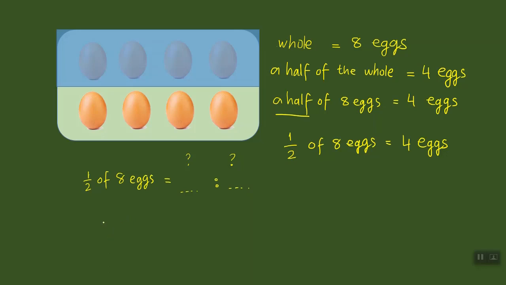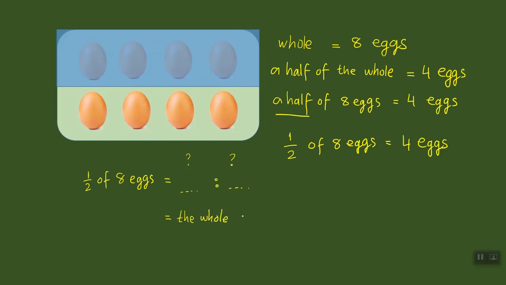Now, a half of 8x is the same as... you see, a half of 8x is the part that is covered by the blue layer. That is the same as the whole divided by 2. Can you see that?